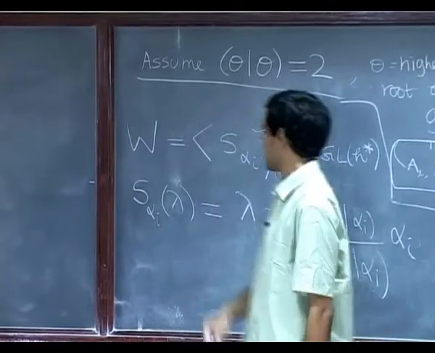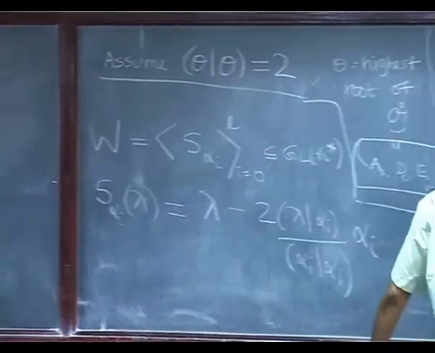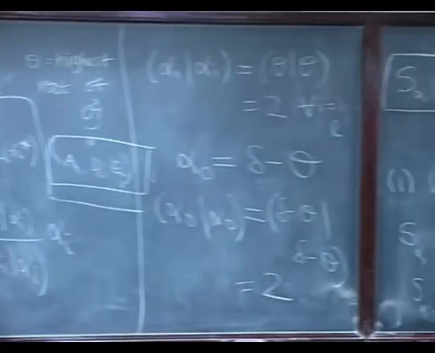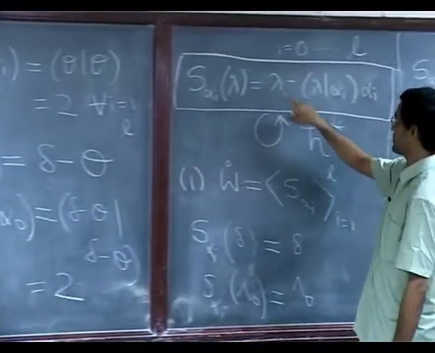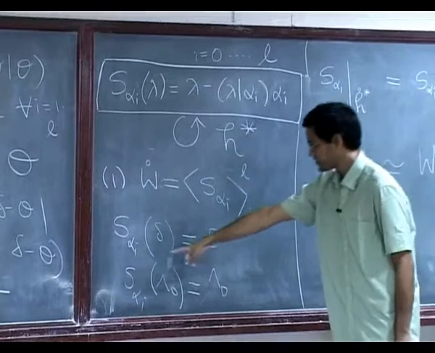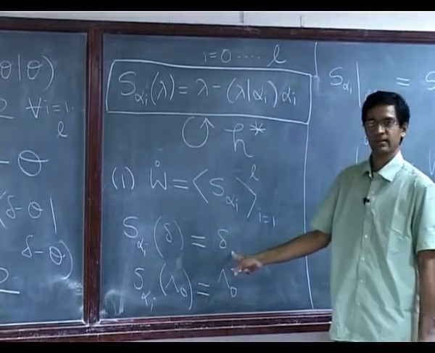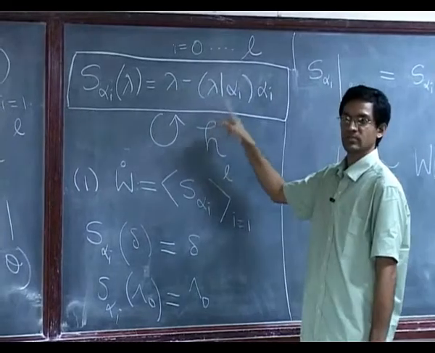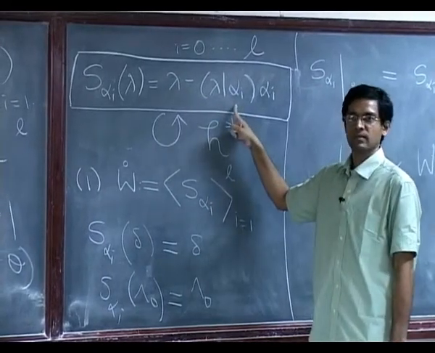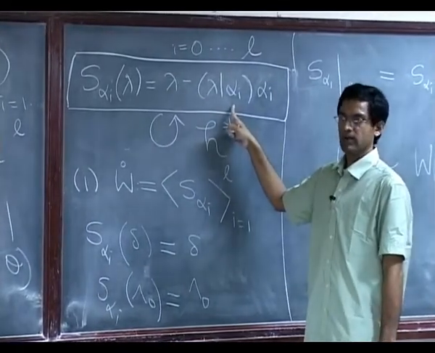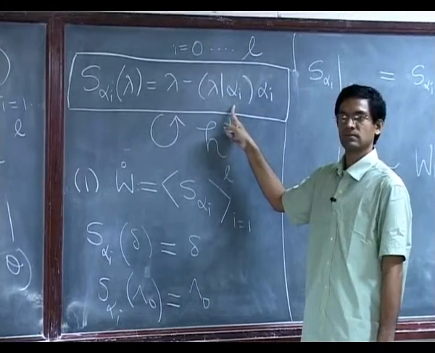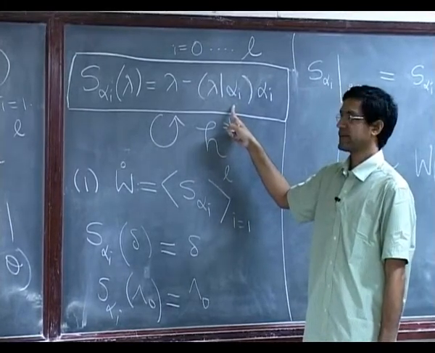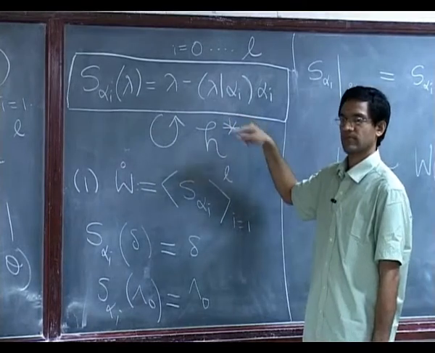Again we just look at the formula here. S alpha naught delta would be delta; for alpha i's we already know the answer, it is just delta again. But for alpha naught, observe delta with alpha naught is what I would need to compute here. But delta with alpha naught equals what? What is the inner product of delta with alpha naught?